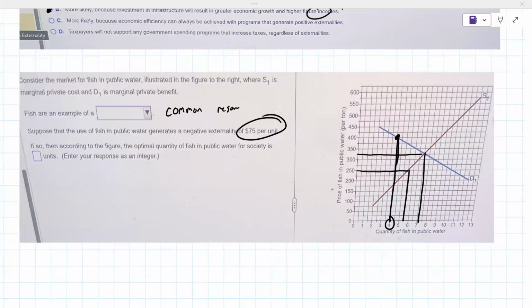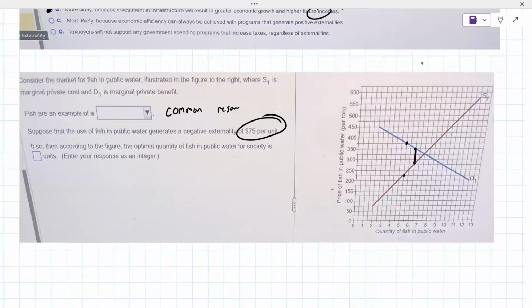Why did I go up to 375? See, those aren't far enough apart.